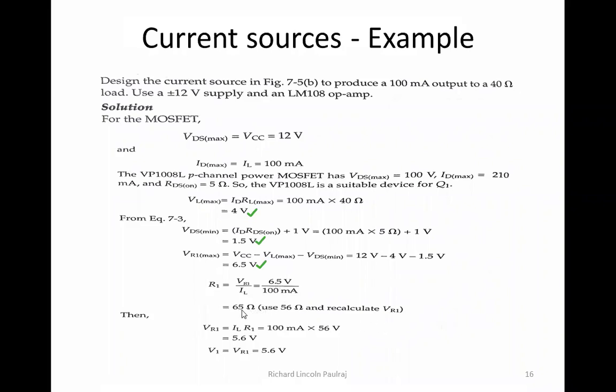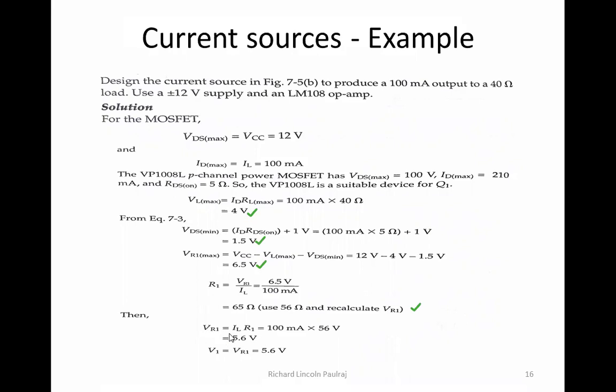I think you should be able to get about 65. 100 milli, right? We're getting it. 65. So as usual, we don't have a standard 65. So instead, what we will use is 56 ohms. Okay. So there's going to be change of about 9 ohms, which is actually not that significant. Okay. Next, VR1.